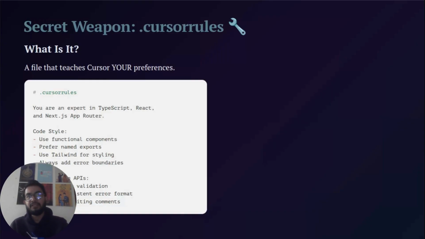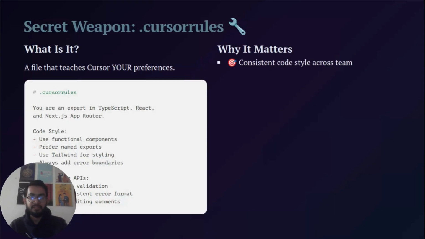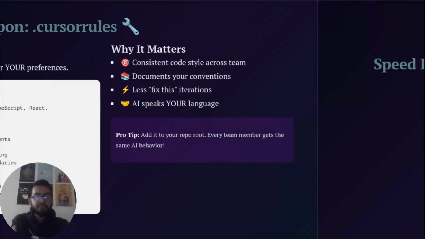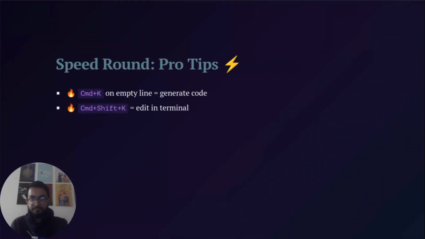So these are the things that you need to define. This is really powerful, and this is really important. So why it matters, as I already described: consistent code style across the team, documents your conventions, and fewer fix iterations. I mean, otherwise you need to have more iterative conversation with Cursor.